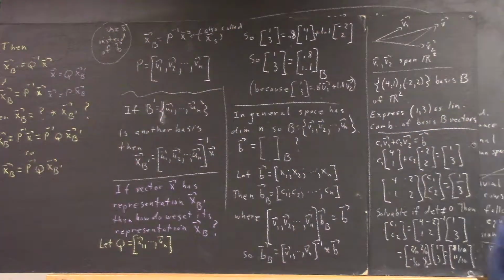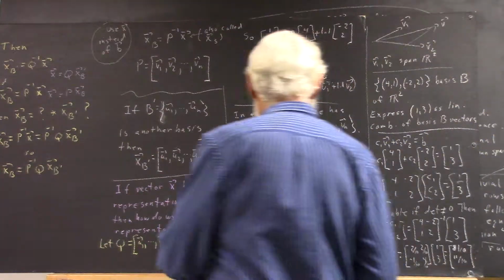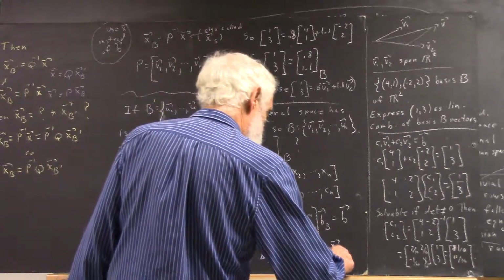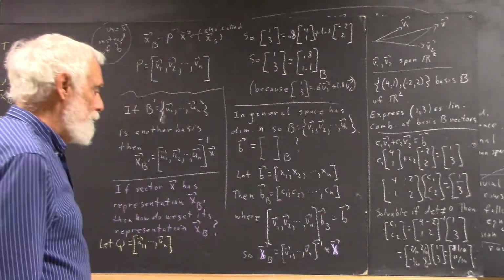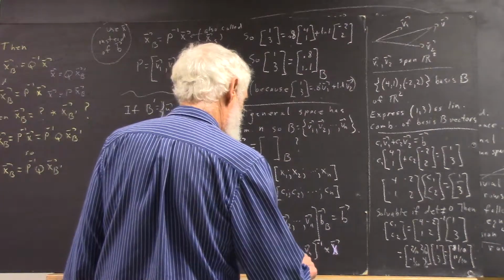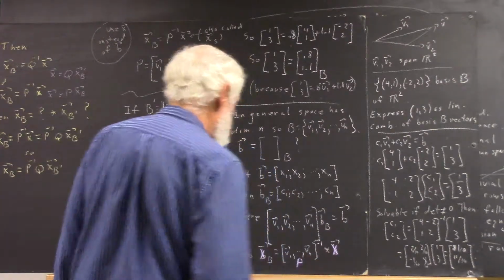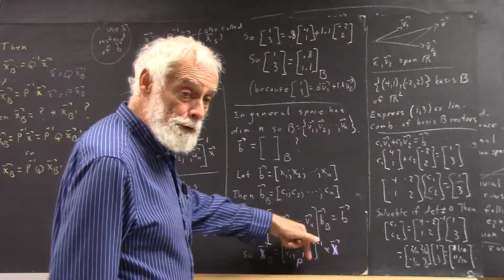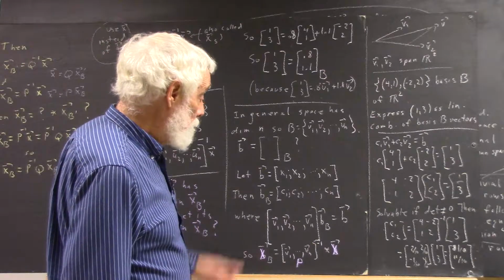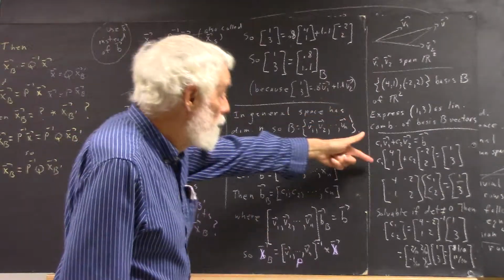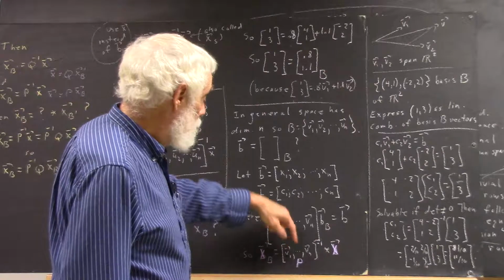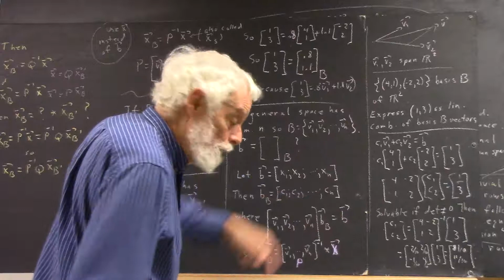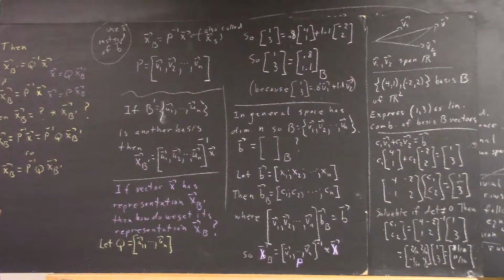So now, instead of calling this b sub b, I'm going to call this x sub b, and I'm going to call this x, and I'm going to call this P. Okay, P is our matrix made up of the basis vectors in the columns, again because of the way the equations come out. So it's going to be then x sub b equals P inverse times x. Nothing particularly surprising about that.